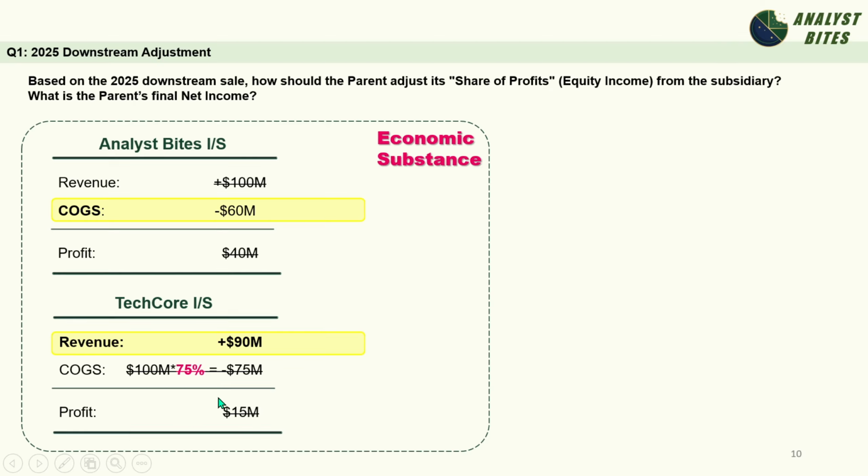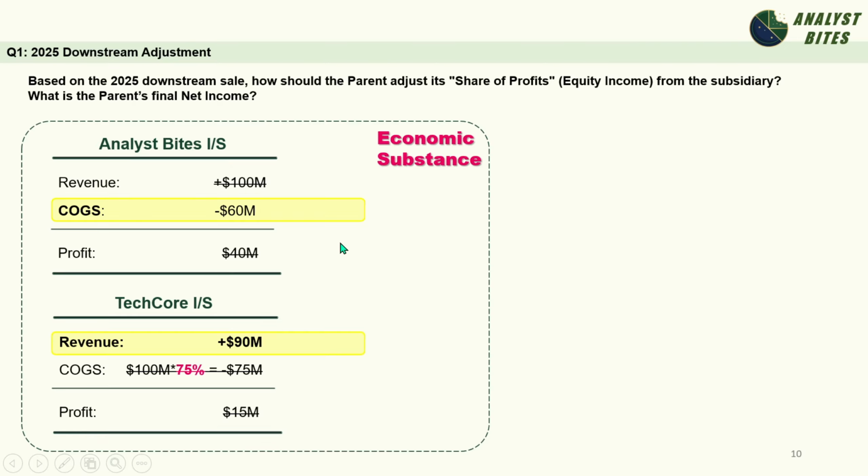So the subsidiary recorded a 15 million profit. Here is a conflict, since only 75% of the goods actually left the group. 25% of that initial profit is still inside. It's just moving from the left pocket to the right pocket.